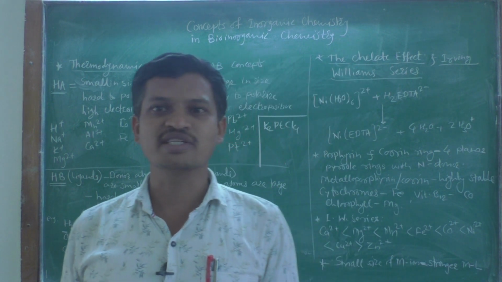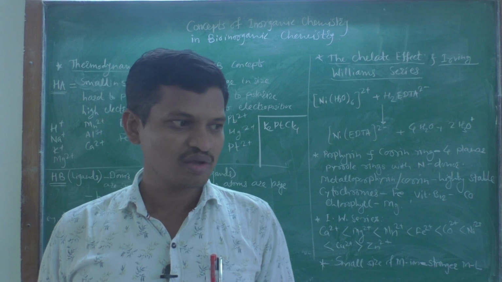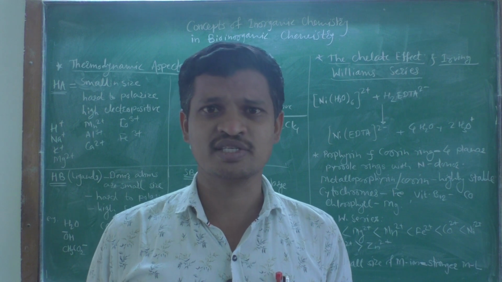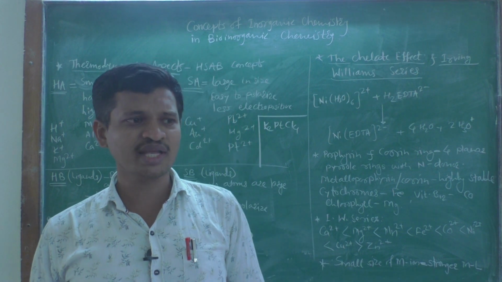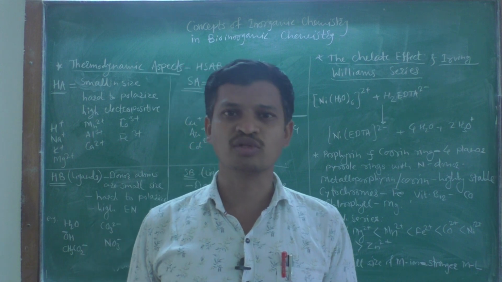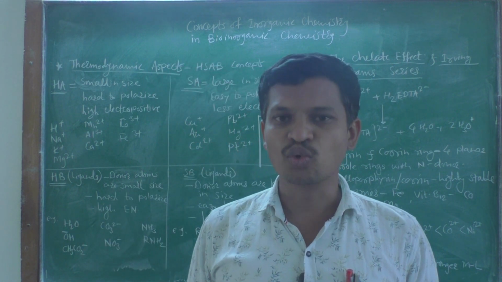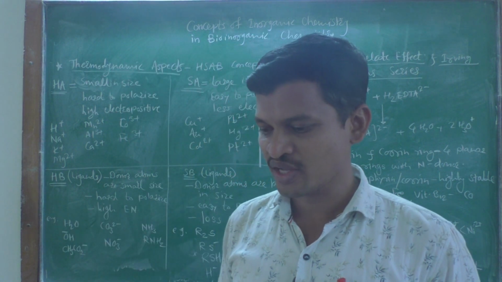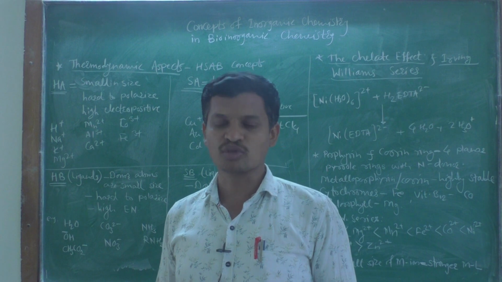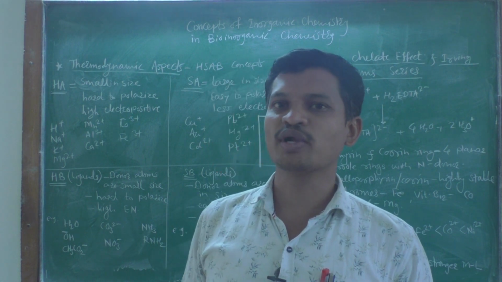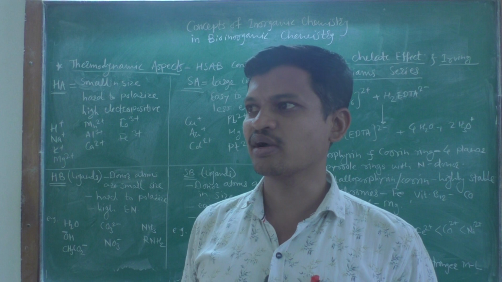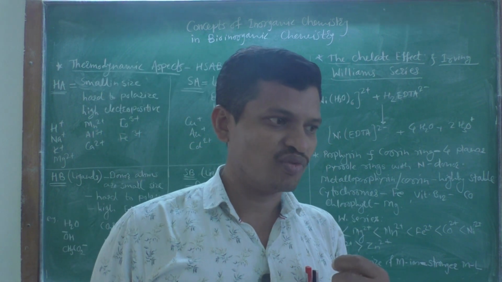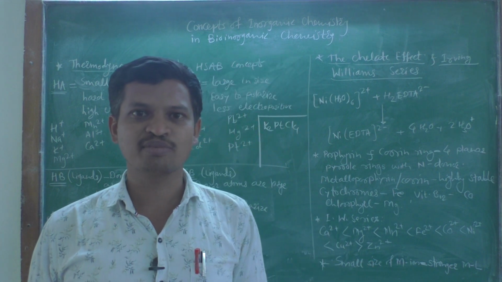Actually, this HSAB concept is the elaboration of Lewis's concepts of acids and bases. We know that different theories have been put forth by different groups of scientists to define acids and bases in different conditions, just like the Arrhenius theory, then the Bronsted and Lowry theory, then the solvent solute theory, then Lewis's acid and base theory, a very well known and universally accepted theory.